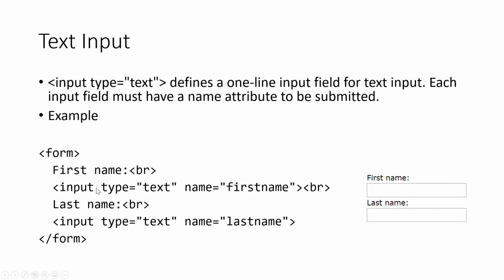So the input type we have to use is text. The name field here will be used whenever you transmit the data. If you enter some value in the first name, that information is attached with the name of this. Similarly, the same for last name as well.